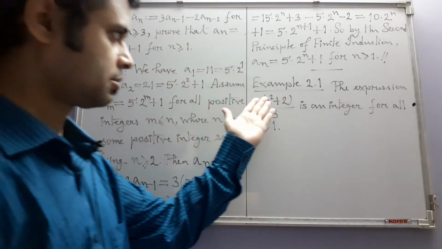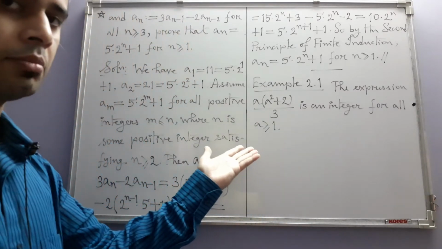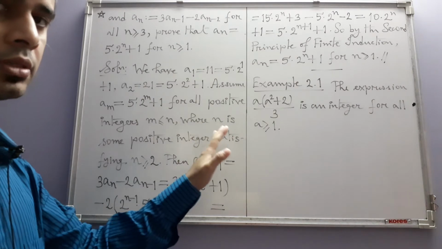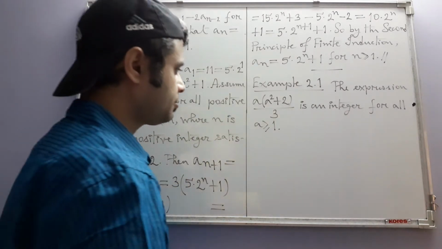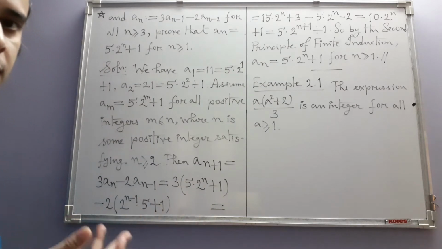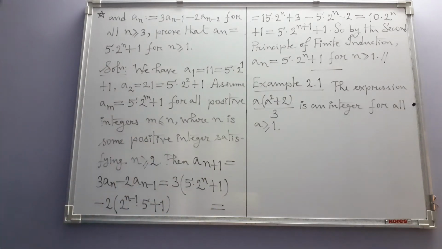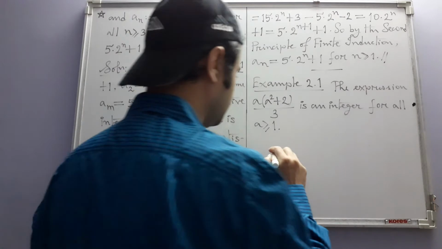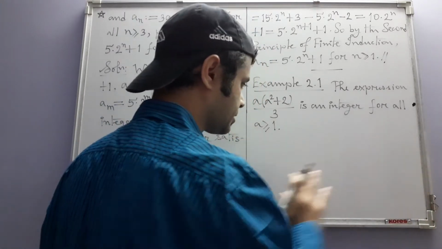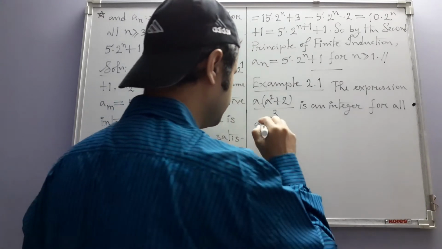Whether this sentence itself is there in example 2.1, I don't remember exactly, but the statement is this. Now, how can one show this using the division algorithm? You see, we are not going to write sentences here, but let's just see the reasoning.